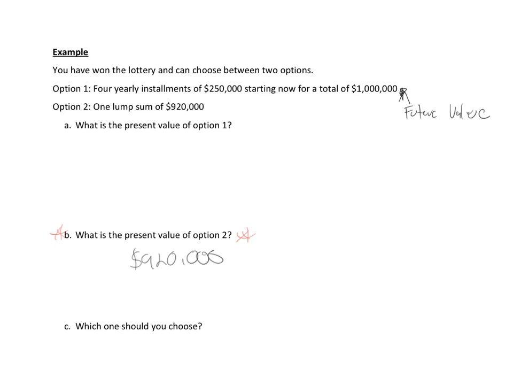But to calculate this present value, we need to think about what kind of interest rate we're getting. So let's say in this specific example, we assume we can earn 6% compounded continuously.